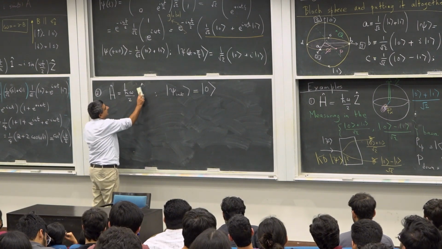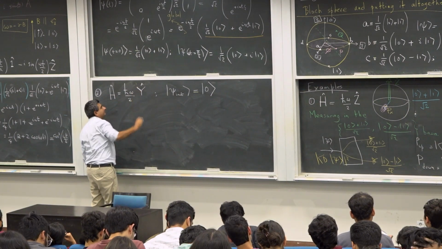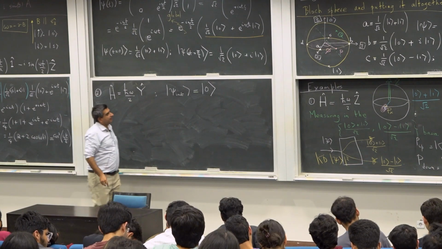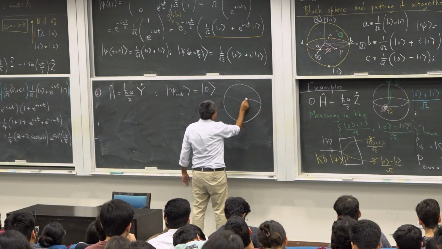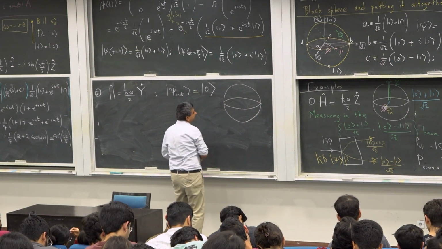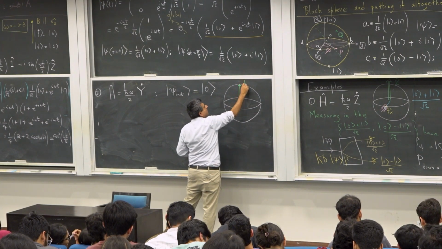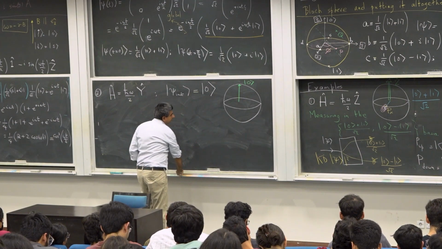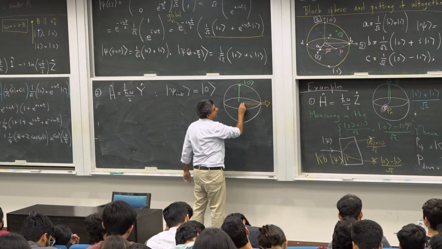I want to apply a magnetic field along the y direction, sorry. A field along the y direction. My Bloch picture. My quantum state is ket z to begin with. My Hamiltonian is along the y-axis.